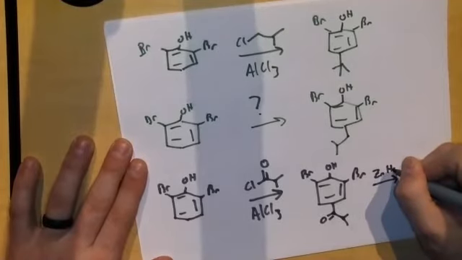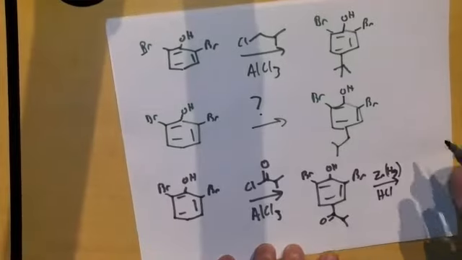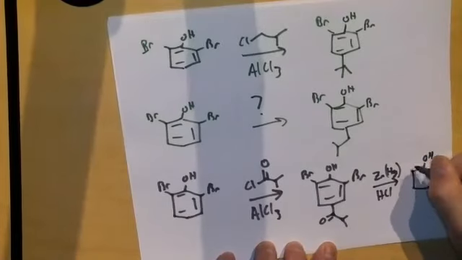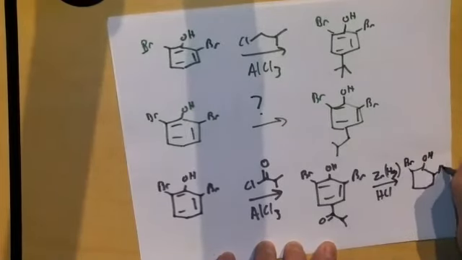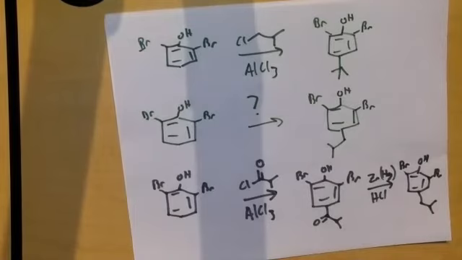So zinc, mercury, and HCl will allow us to reduce this, get rid of that carbonyl and give us the product we want.